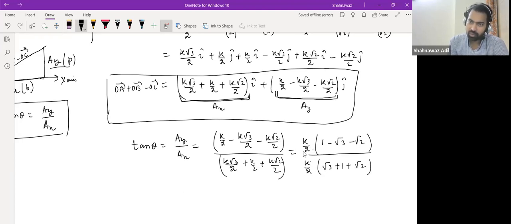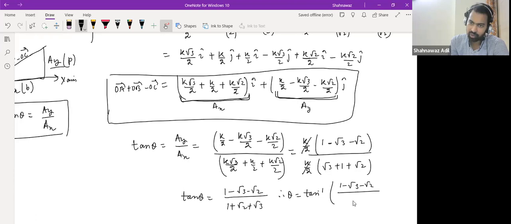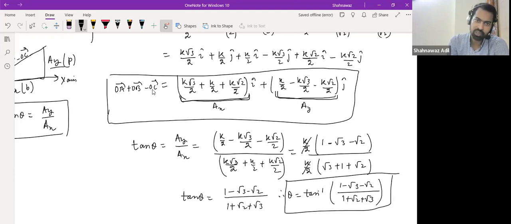So k by 2 cancels, and this is 1 minus root 3 minus root 2 divided by 1 plus root 3 plus root 2. So the theta angle would be tan inverse of that. So this is what OA plus OB minus OC is making with the x-axis. This is the direction that they wanted us to calculate.